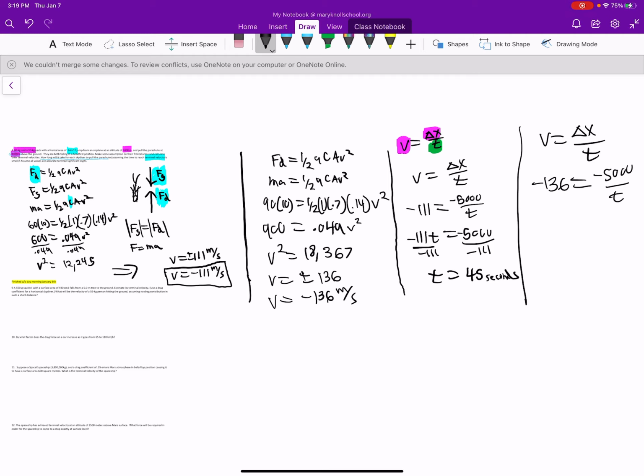They actually dropped 5,000 meters, so that's negative 5,000. So multiply both sides by t: negative 136t equals negative 5,000. Divide by negative 136 on both sides, and we get 36.8, or let's just say 37 seconds.